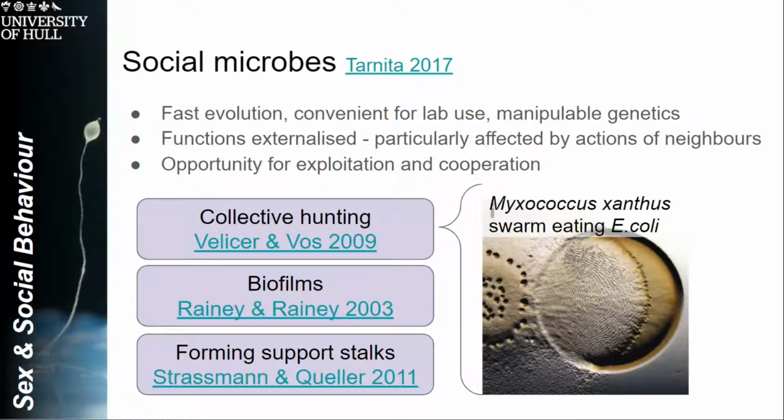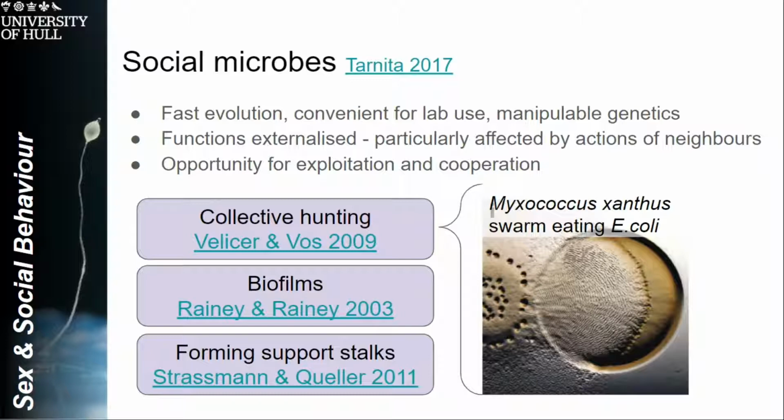For social biology, microbes are really good because effectively their whole biology is set up so that they're likely to affect each other, because a lot of their functions occur outside of the cell.